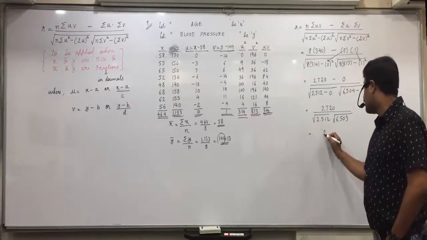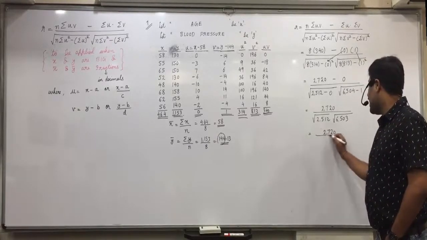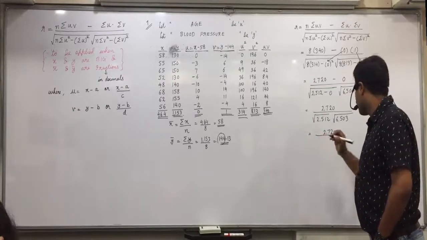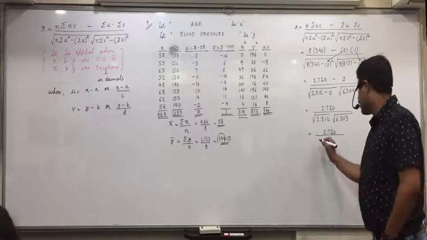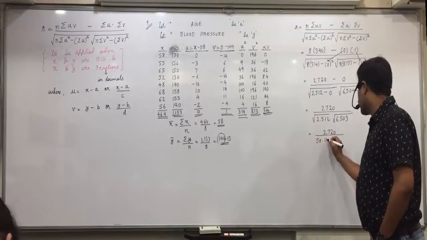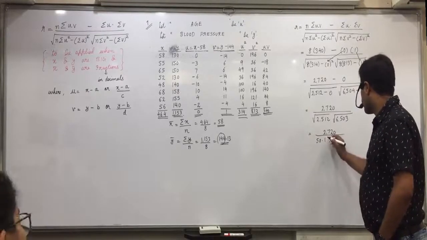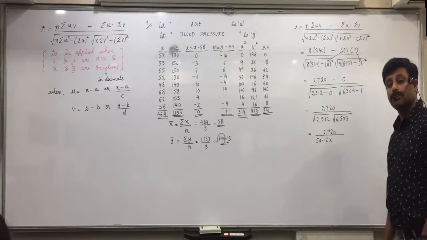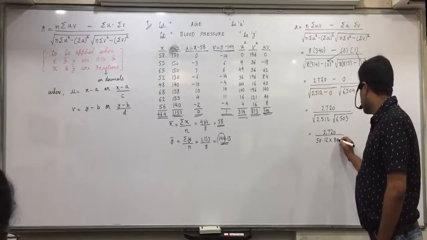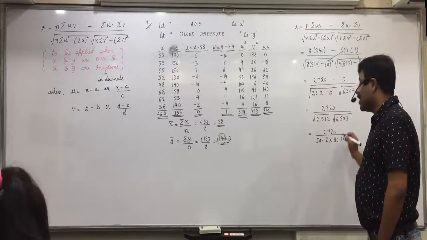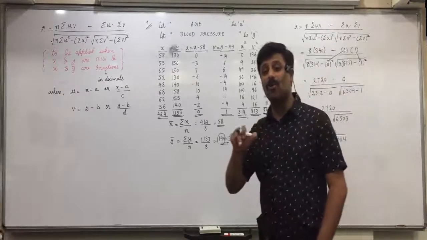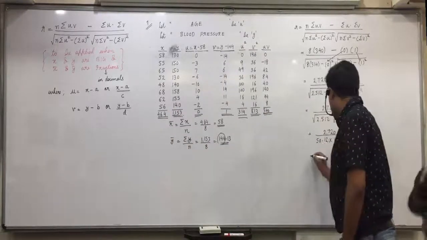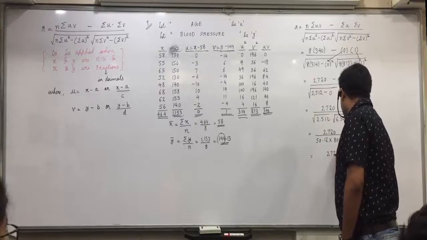Tell me the next step also. 2720 upon 50.11, 1.2. If the third digit is 5 or more than 5, then only you'll increase it, otherwise keep it. Okay. So 2720 divided by.